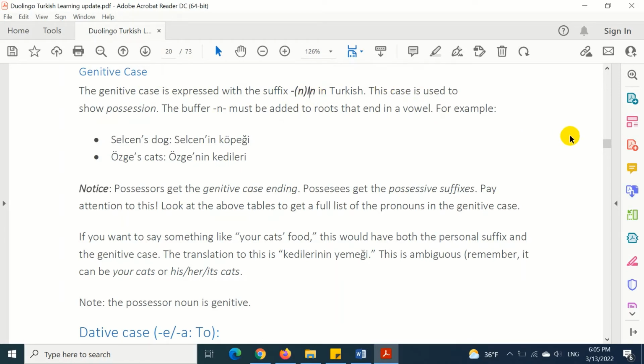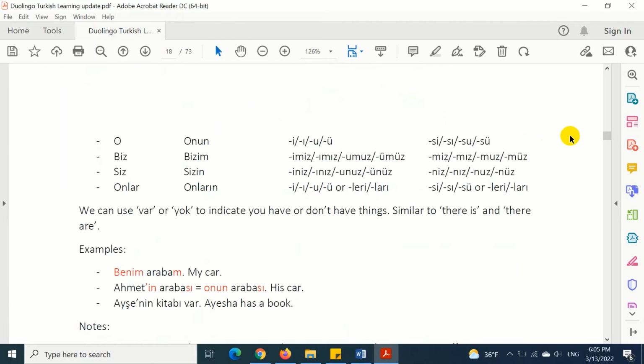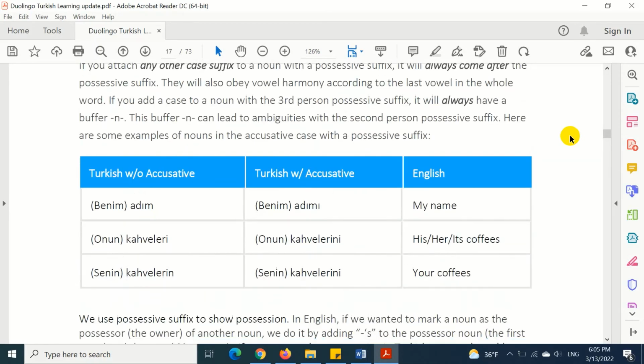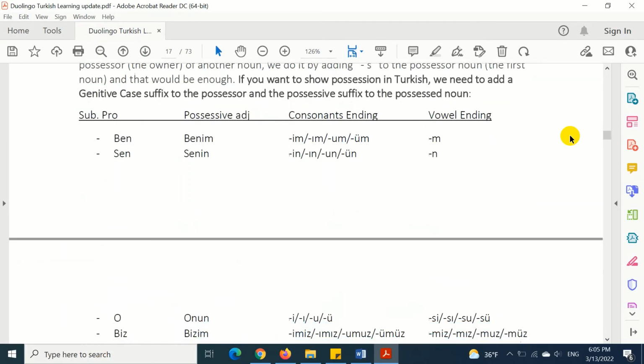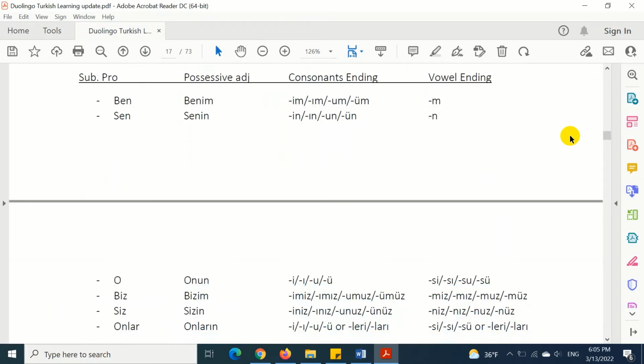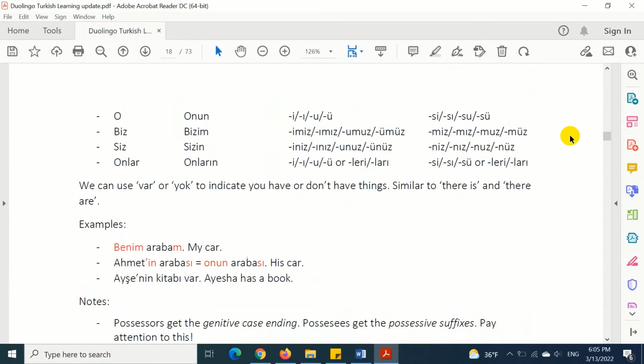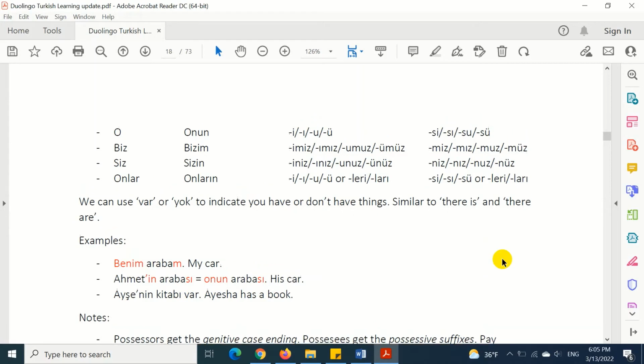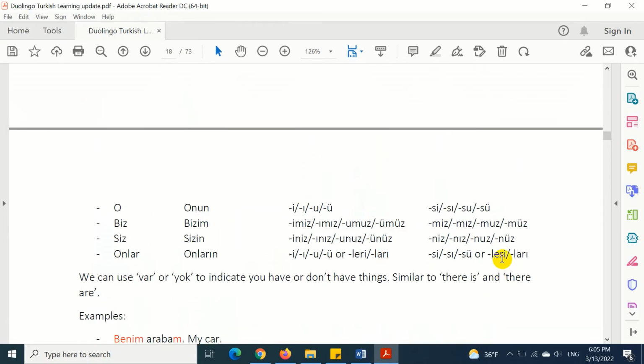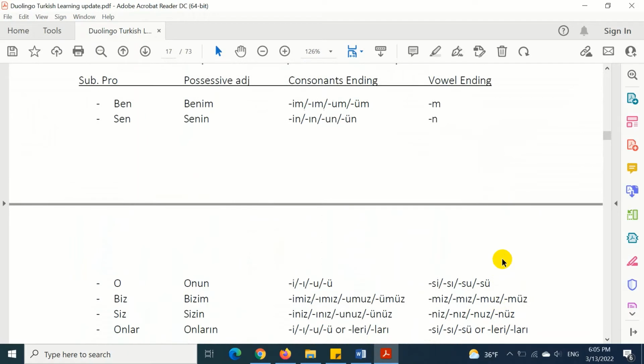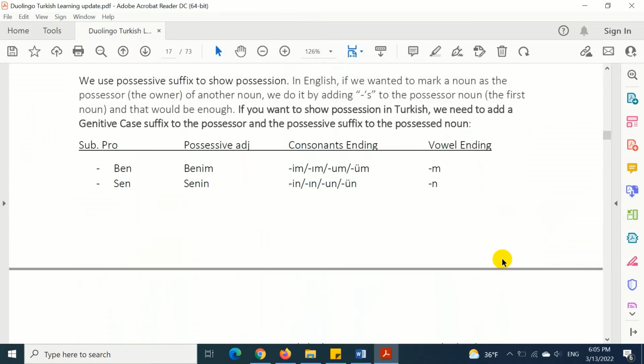Let's see some more details here. See, benim arabam, my car, Ahmet'in arabası, or onun arabası, his car, Ayşe'nin kitabı var, Ayşe has a book. See, possessive case in Turkish is a bit different from English.